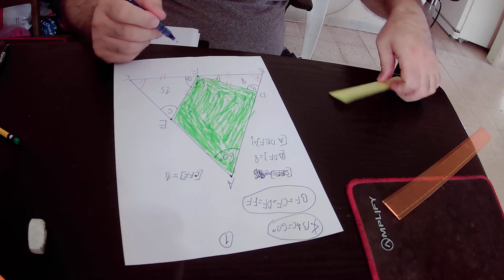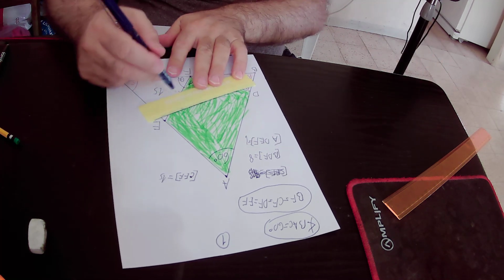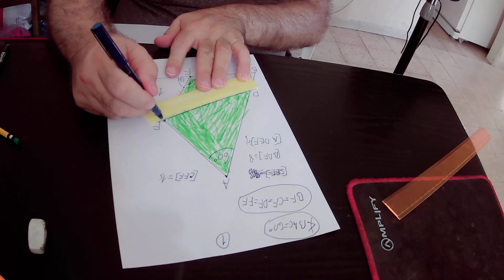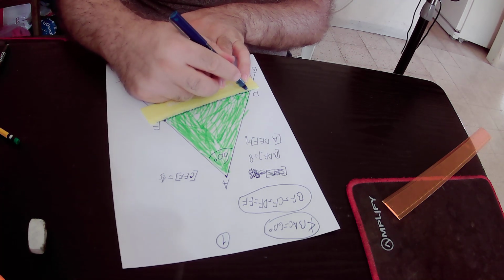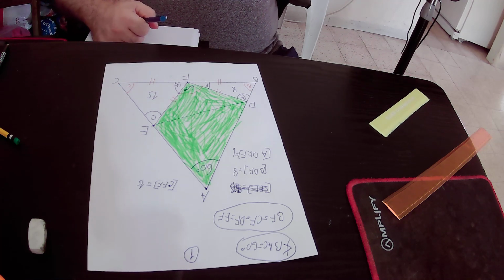In the next step we will join together points D and E by a straight line. Actually, we created triangle DFE.